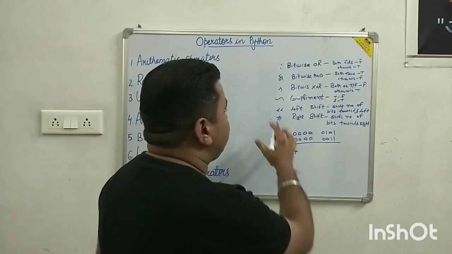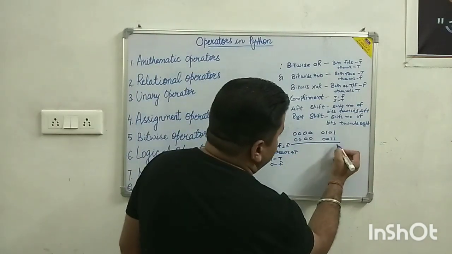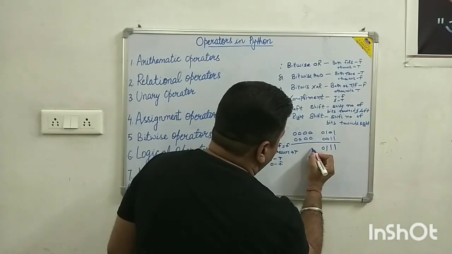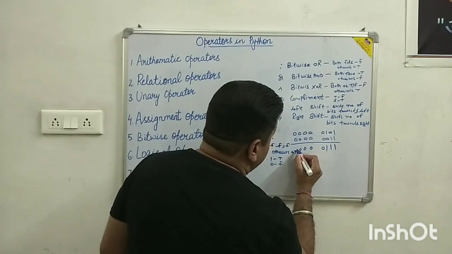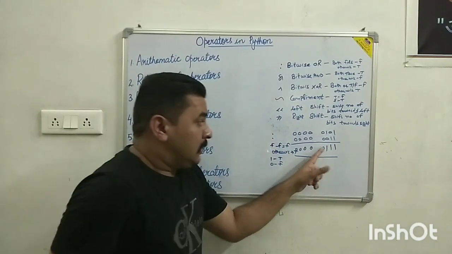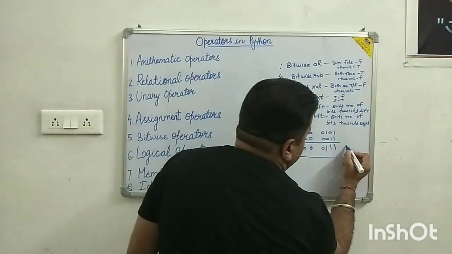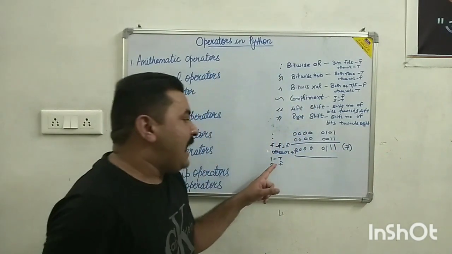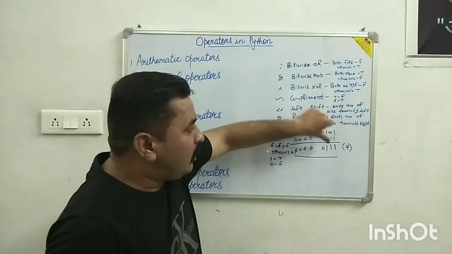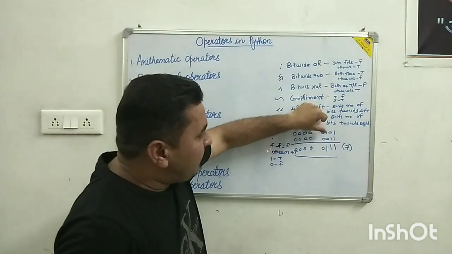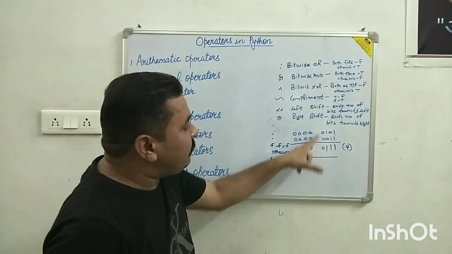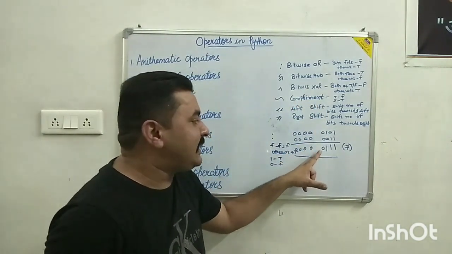So 1 1 is 1, 0 1 is 1, 1 0 is 1, and 0 0 is 0. These are the false values, and we have only three true values, so it will give a decimal value of 7.